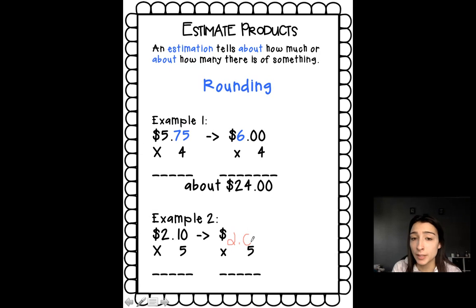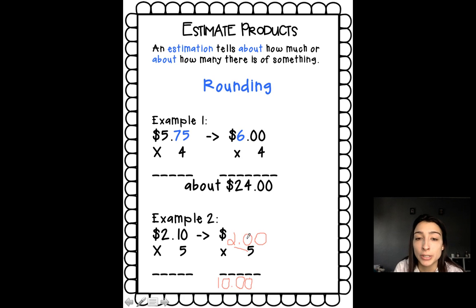And then we still have the times 5. And just like when we multiply with our zeros, we're going to multiply 2 times 5, and we get 10, and then we're going to add our 2 extra zeros. And then for money, we always want to make sure we have our decimal points in there. So if you see that there are 2 zeros up here, and then there's your decimal point, you want to move in 2 zeros and put your decimal point.